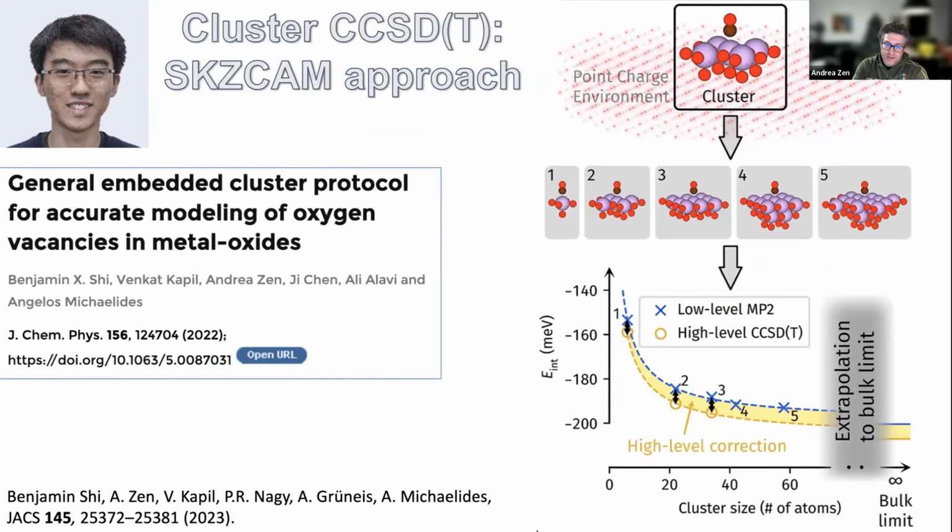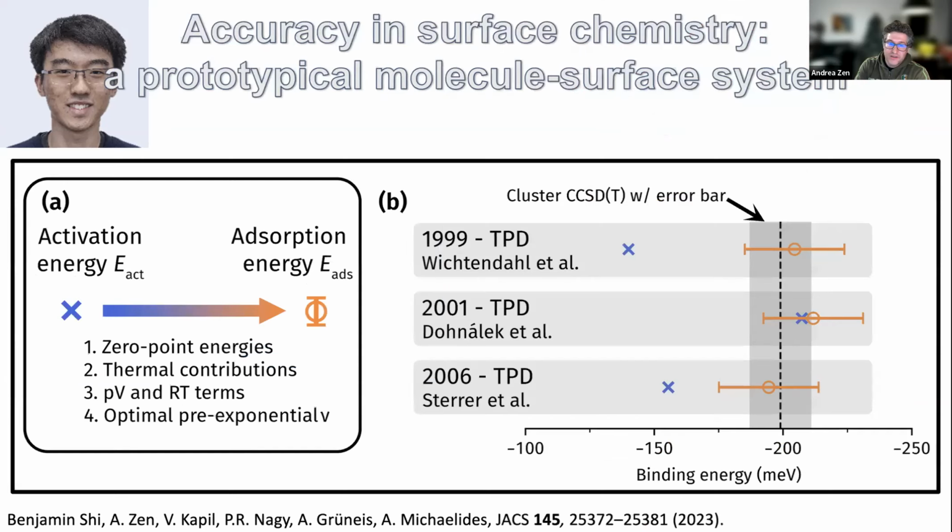I don't want to go into detail on the coupled cluster approach, but this was discussed in a previous paper. Essentially, the idea is to do coupled cluster calculations of clusters of increasing size and then do an extrapolation to the bulk limit.